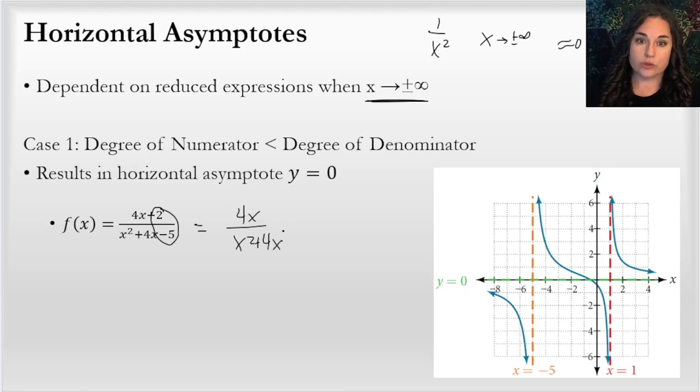And then when x goes really large, these two will cancel, and overall, like I said, you'll get 1 over x squared. And that will lead to our asymptote when x goes to infinity, right? This simplifies down to y, and that simplifies basically down to 0.